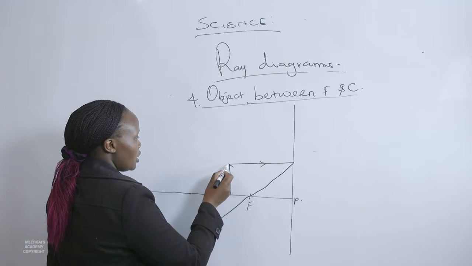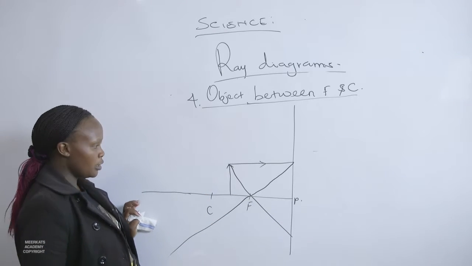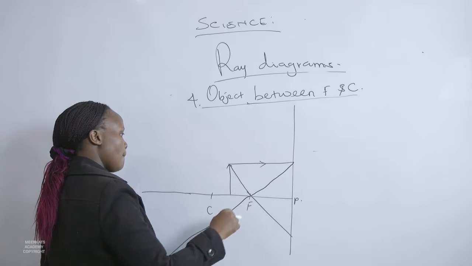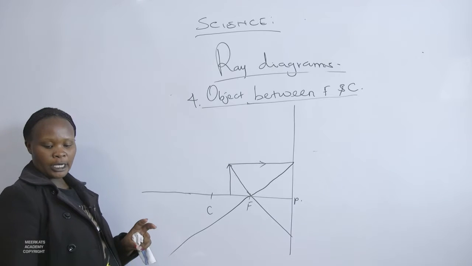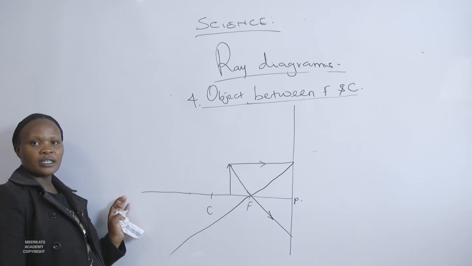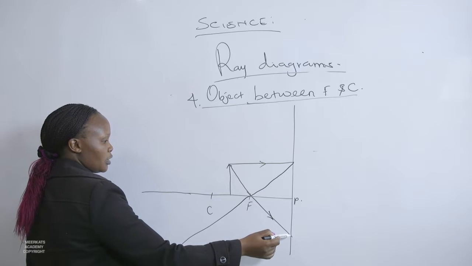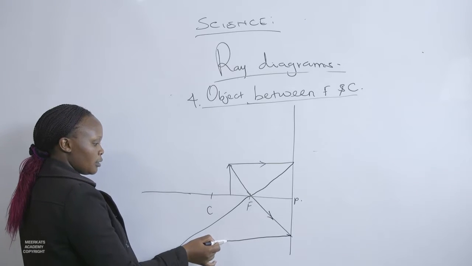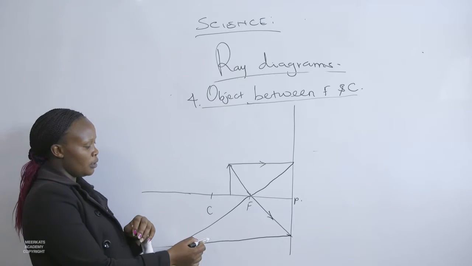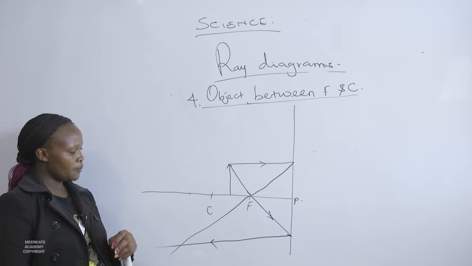Then you could consider a ray through F incident to our reflecting surface, and this ray is actually reflected parallel to the principal axis.